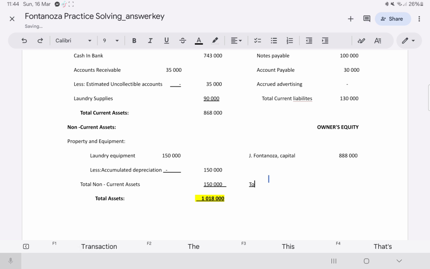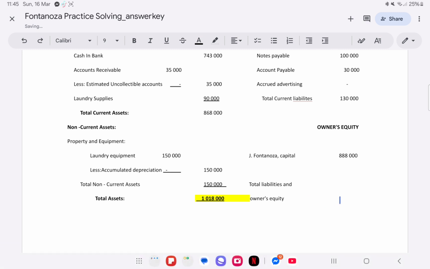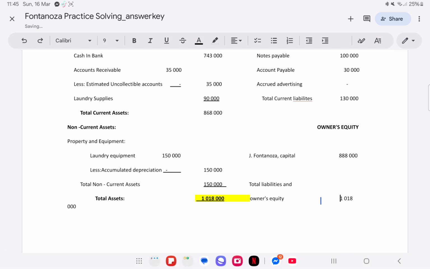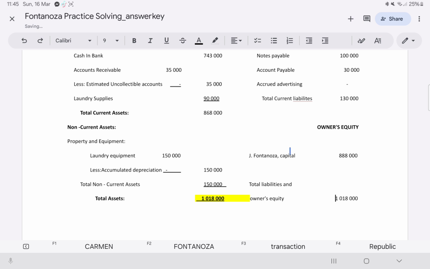Total liabilities and owner's equity amounting to 1,018,000.